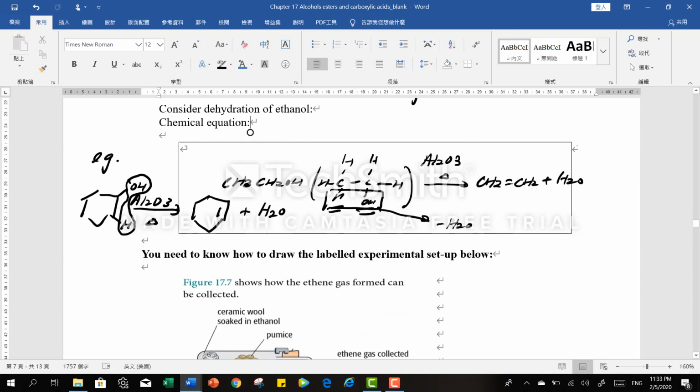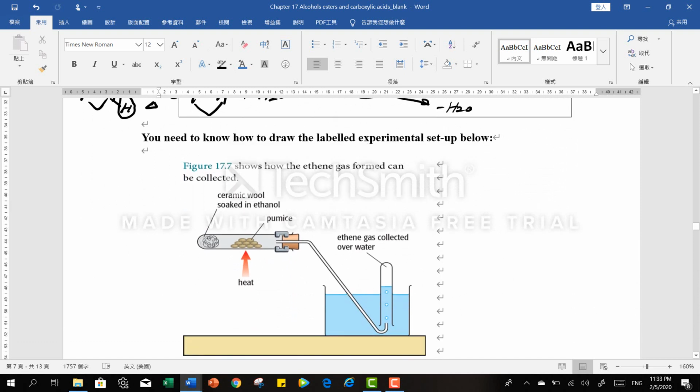Okay? Now if you're asked to draw a labeled experimental setup for dehydration, you need this one. This one is same as cracking. Can you see that? Same as cracking. So if you want to know about the important points you have to bear in mind for dehydration, you can go back to cracking. Remember, the heat is here instead of here, okay? Because if you heat it here, you are going to vaporize the ethanol directly. It will not have enough time to undergo dehydration.